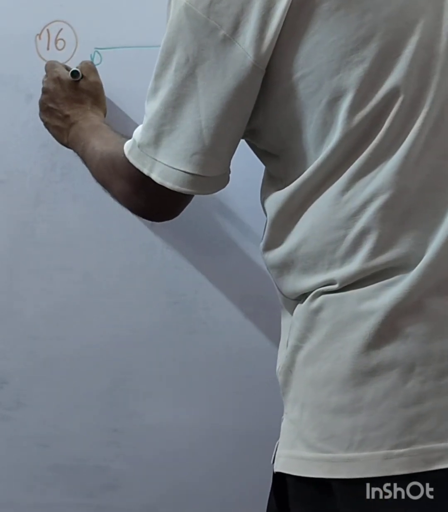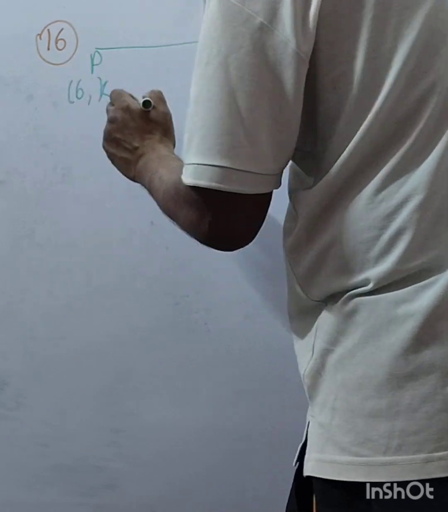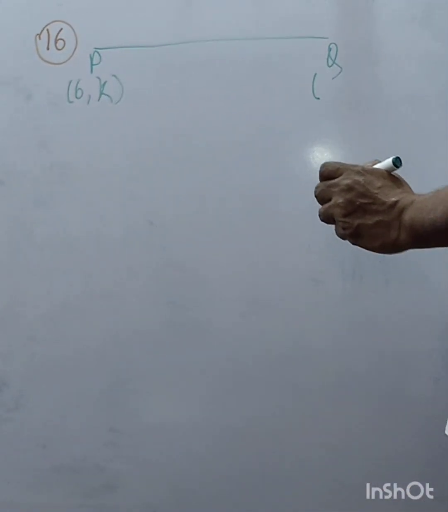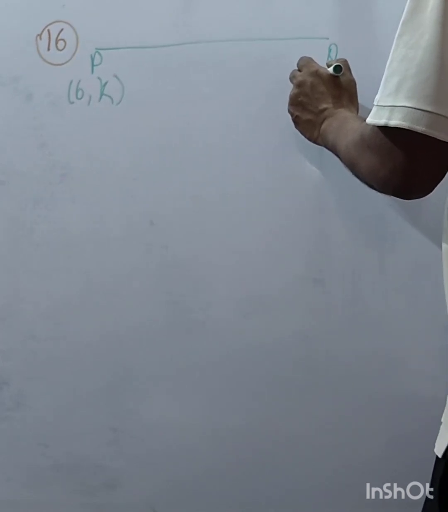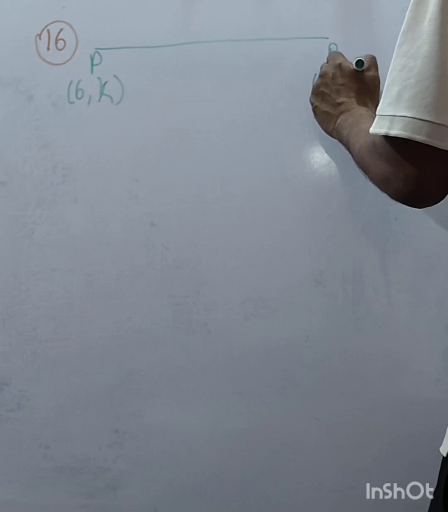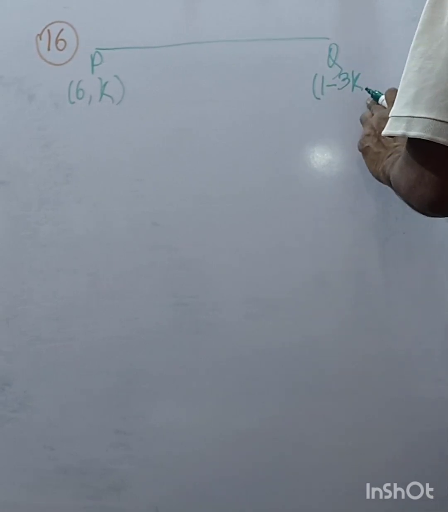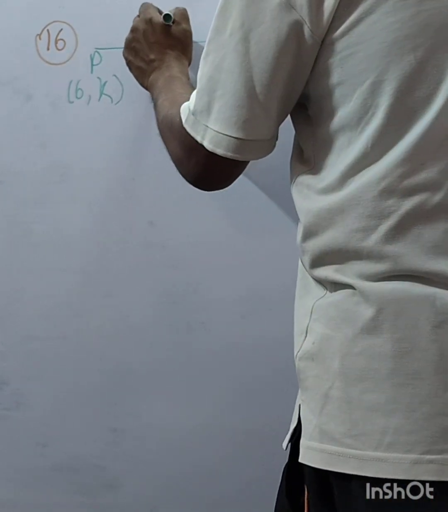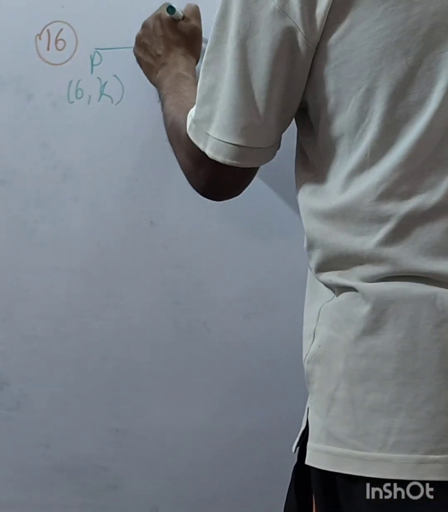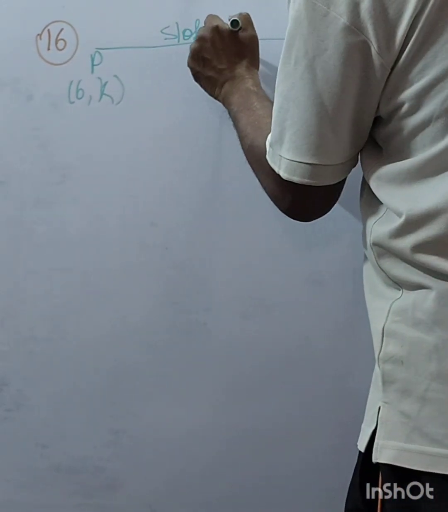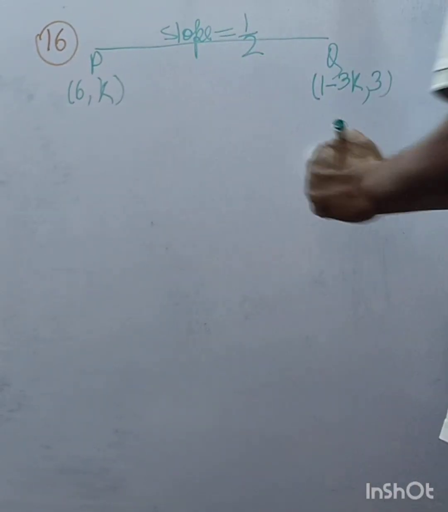P is (6, K) and Q is (1 minus 3K, 3). Okay. And what is the slope? 1 1/2.